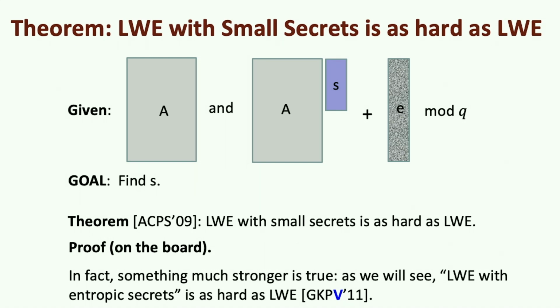If the distribution of the secrets has small min entropy, you can of course guess it, and things are not hard. So it's essentially the best possible theorem. I don't know how much time we have, but if we have time, we'll see the proof sketch of this stronger theorem.